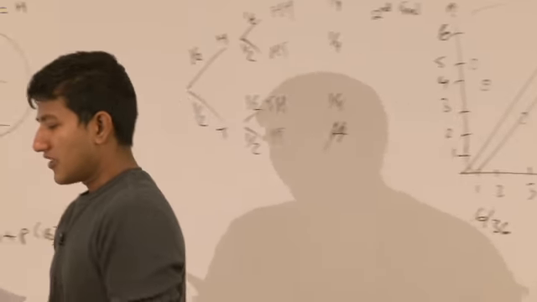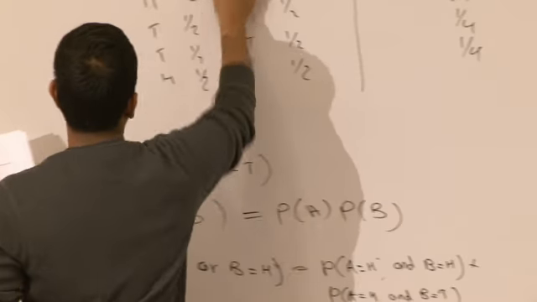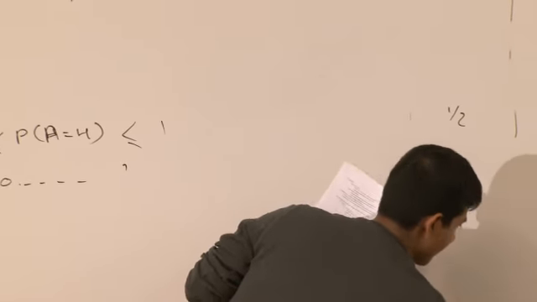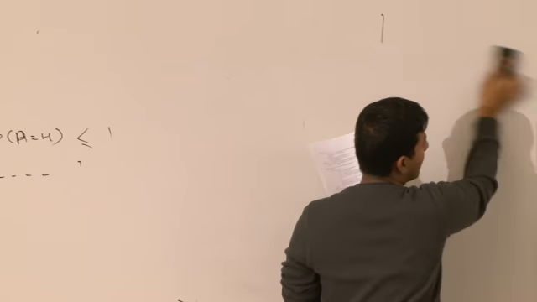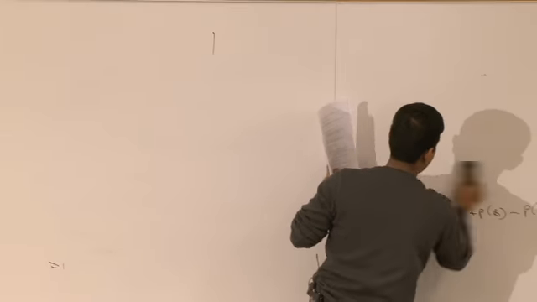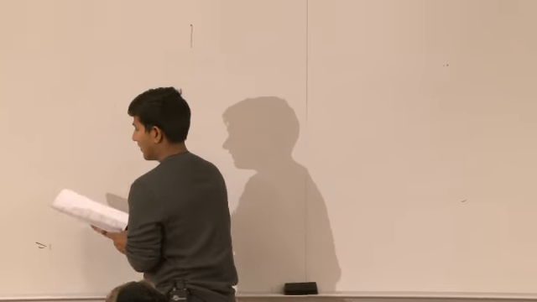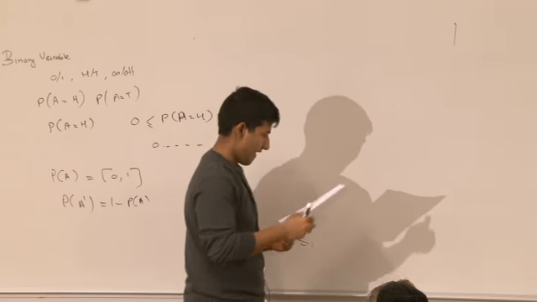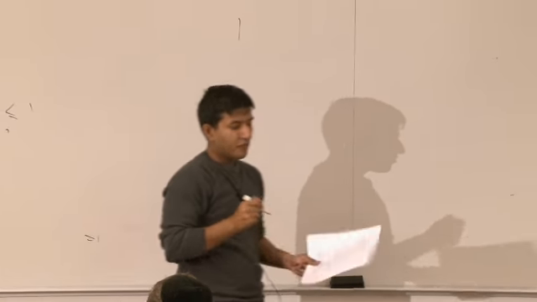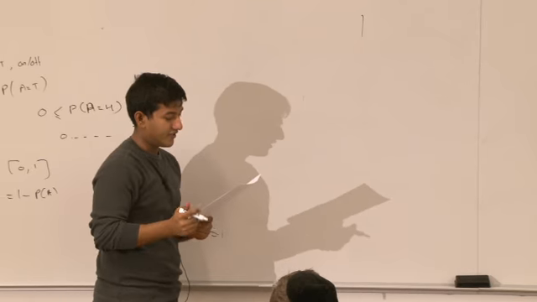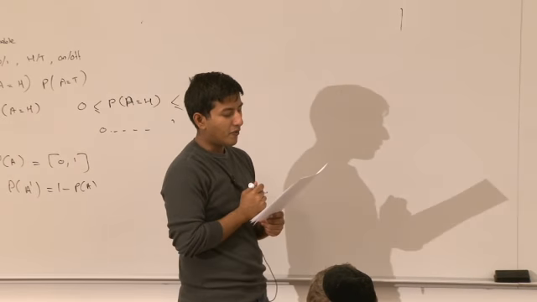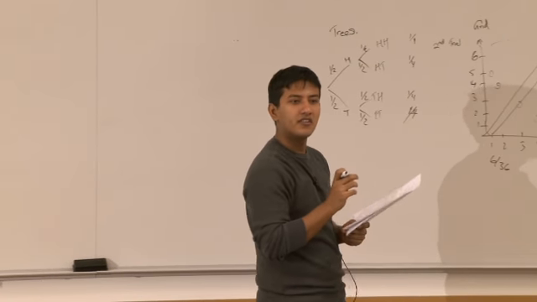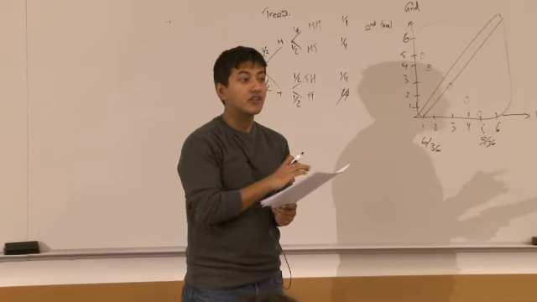Okay. Now let's look at few concrete examples. Let's say, suppose we are throwing 3 coins. Then what is the probability of one particular outcome in all 3 trials?